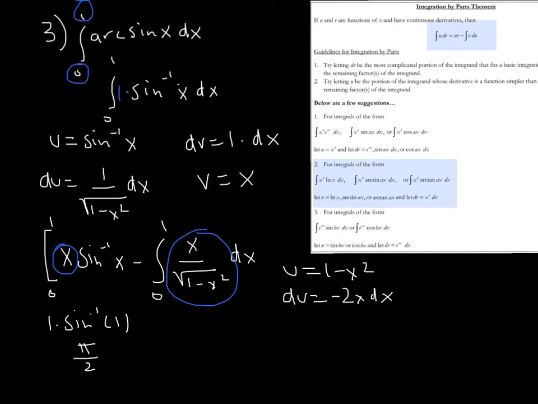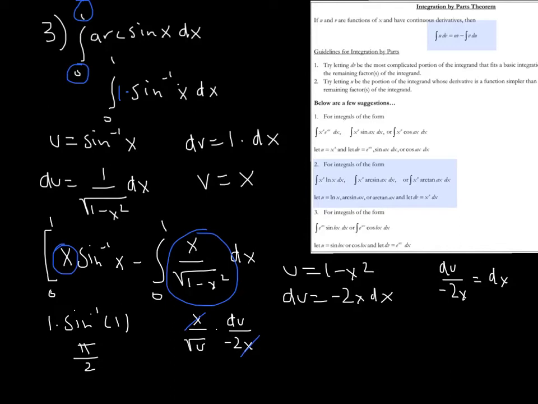And so then we have du over negative 2x equals dx. So we're going to go ahead and replace everything in terms of u's. And so we're going to have x over the square root of u times dx, which is going to be du over negative 2x, and the x's are going to cancel.